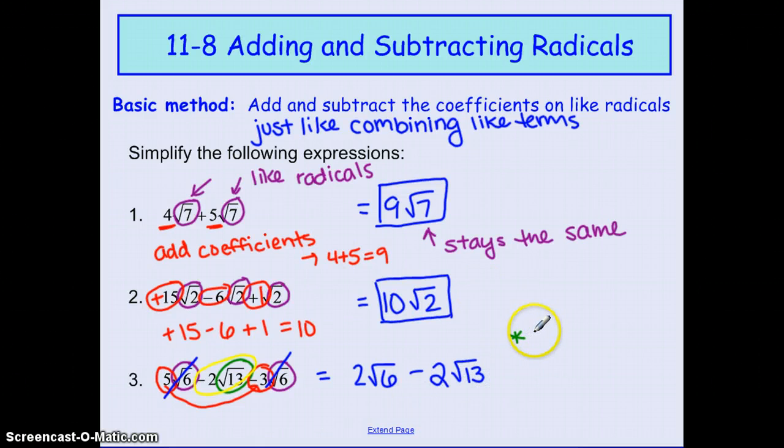So what we have to remember here is that terms with unlike radicals cannot be combined. When I say unlike radicals, I mean ones like radical 6 and radical 13. They cannot be combined. So we just left the 2 radical 13 as it was. It cannot be combined.